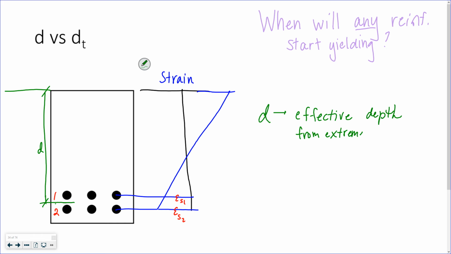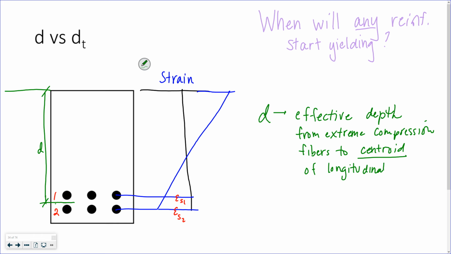Extreme compression fibers up at the top to the centroid of your longitudinal tensile reinforcement.